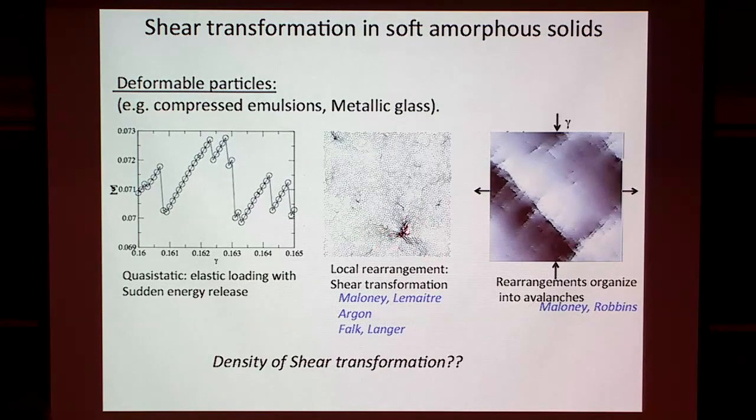And this shear transformation corresponds to a local strain, so it's going to generate some stress that propagates in the system, which in turn can trigger other shear transformations elsewhere in the system, and that's what makes those very nice patterns. They consist of many shear transformations. So the question I want to discuss is what is the density of these objects? How to characterize it?